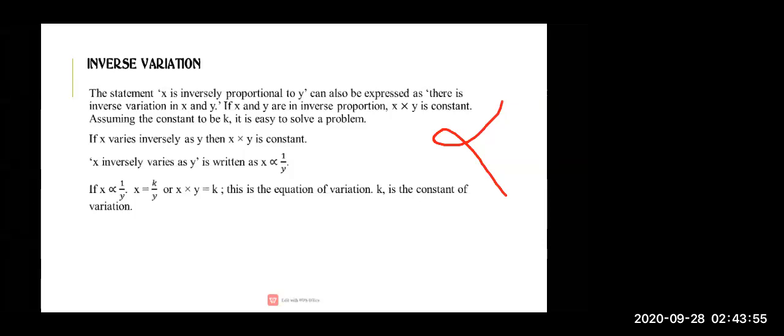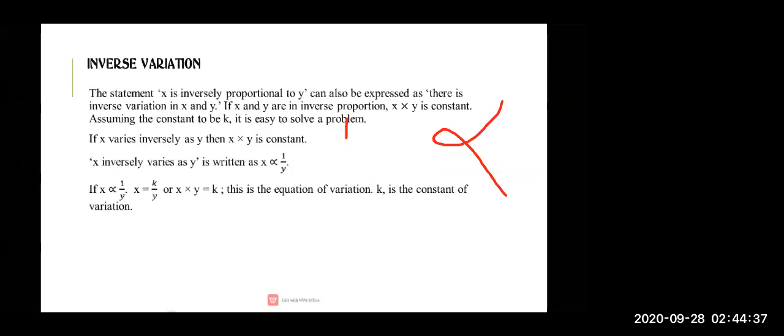Now if x and y are in inverse proportion, how will we write it? x multiplied by y is constant. We denote the constant as k. Now if x varies inversely as y, then x multiplied by y is constant.